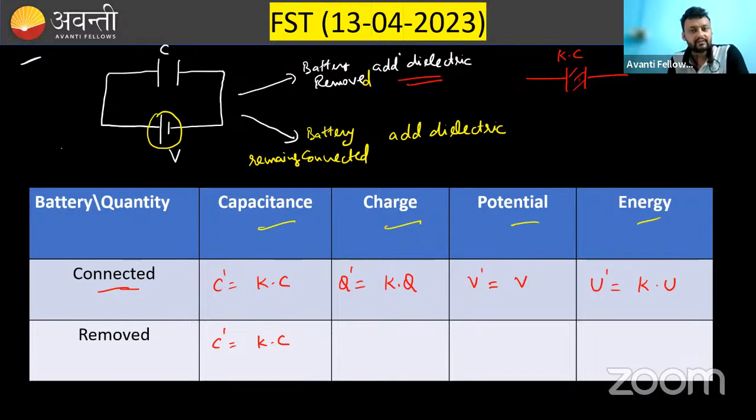The charge that was already stored on the capacitor cannot go anywhere, so the charge will remain constant as Q. The potential will be V by K. Energy will be U by K. Energy decreases by K times, potential decreases by K times, charge remains constant, and capacitance becomes K times. Remember this table. This is going to be a very important table for you.